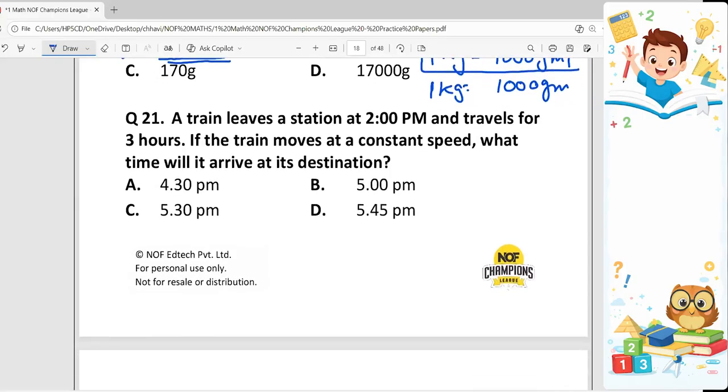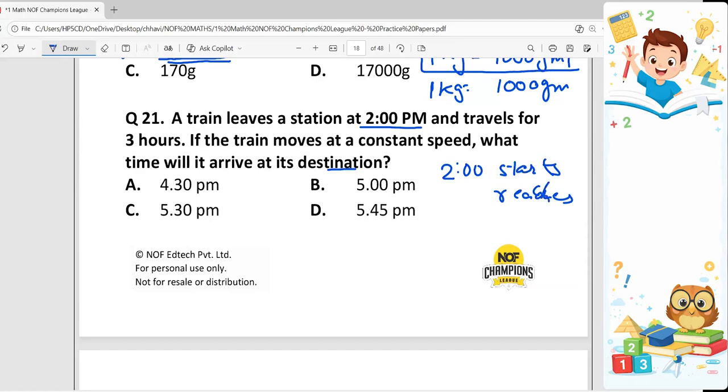21st question. A train leaves a station at 2 o'clock, means 2 p.m., and travels for 3 hours. If the train moves at a constant speed, what time will it arrive at its destination? So it starts at 2 p.m. and reaches after 3 hours.